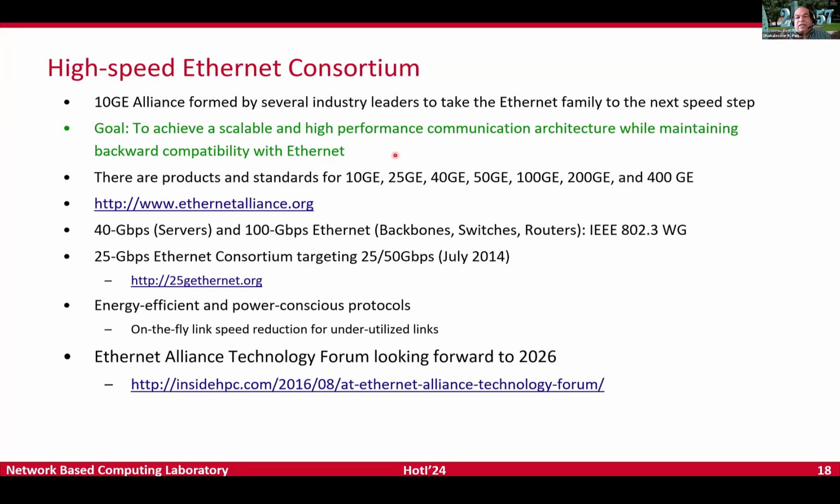But then as Ethernet evolved, multiple issues were discovered. If you remember, Ethernet went from 10 megabits, 100 megabits, 1 gigabits, 10 gigabits, everything going in a factor of 10. So after 10 gigabits, the obvious choice is to go for 100 gigabits.